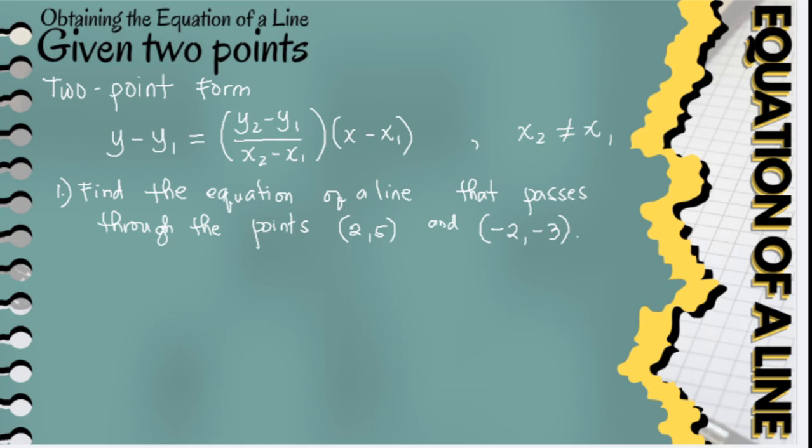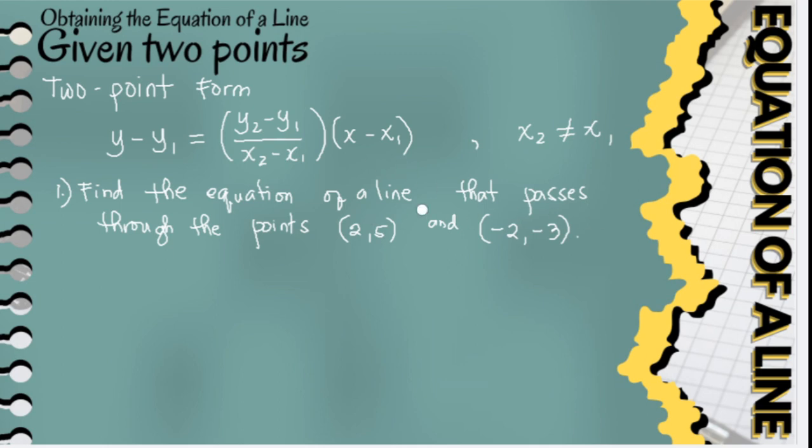So we're going to find the equation of a line that passes through the points (2, 5) and (-2, -3). Here, we're going to identify kung alin yung gagamitin natin na x sub 1, y sub 1, x sub 2, y sub 2.